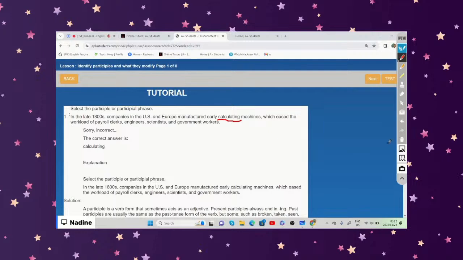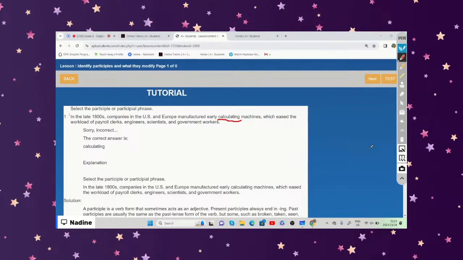And a participle is a verb form that sometimes acts as an adjective, which means that it modifies a noun if it acts as an adjective within the sentence. So as much as it's a verb form, it sometimes acts as an adjective. And an adjective modifies a noun.